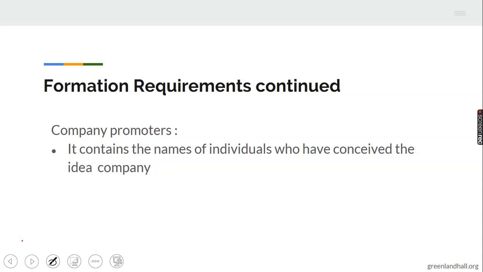In other words, they are the individuals who have conceived the idea of the company. So they are the ones that will think about what will be the objective clause, or what the company will be established to actually do or render, if it is a service rendering company.